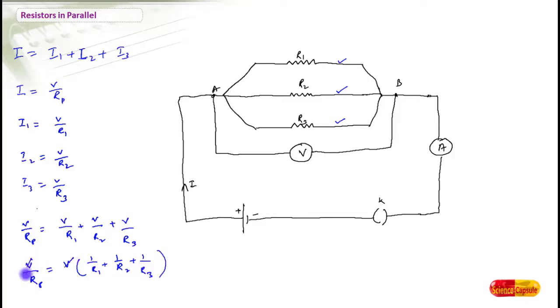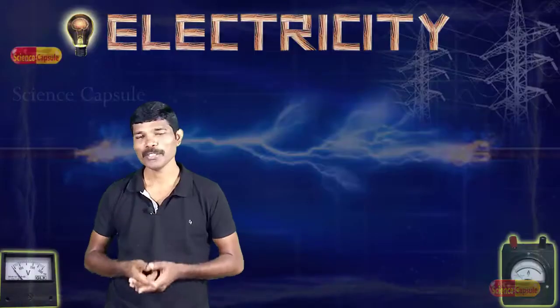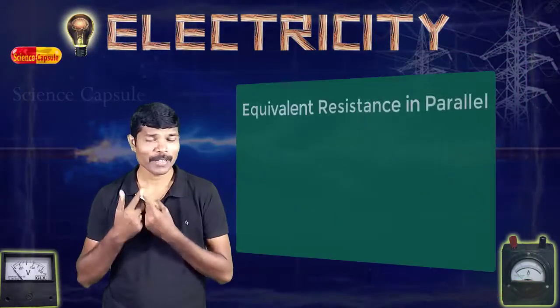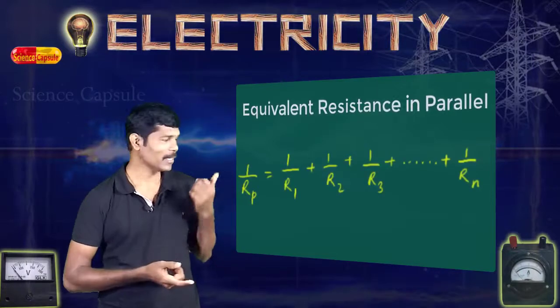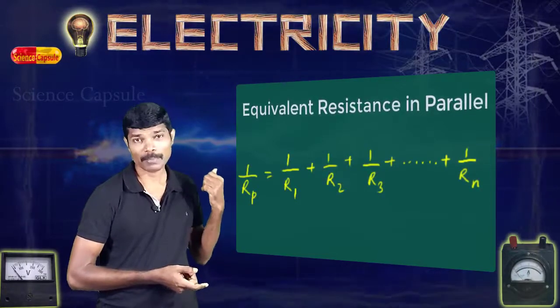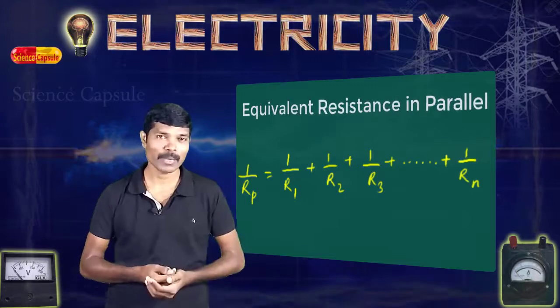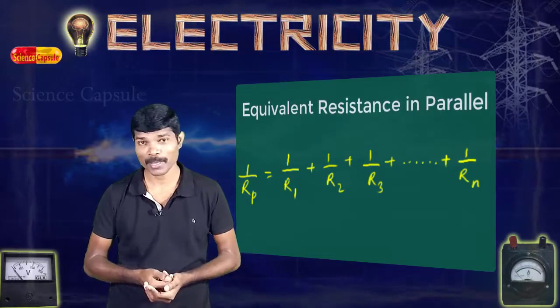So here V gets cancelled. So 1 by Rp is equal to 1 by R1 plus 1 by R2 plus 1 by R3. Hope you understood the parallel combination. So whenever we talk about parallel combination, it is 1 by Rp, where P indicates parallel, is equal to 1 by R1 plus 1 by R2 plus 1 by R3.